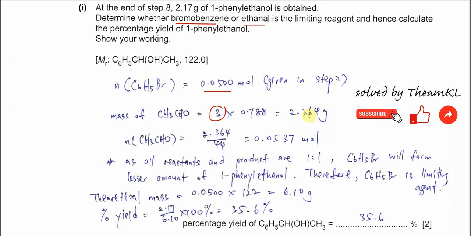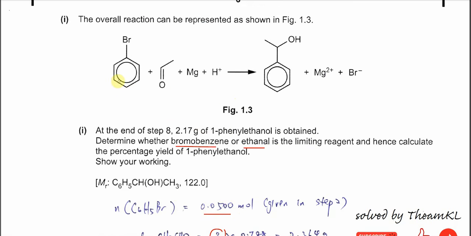Once you get the gram, use this gram over the molar mass of ethanol, so you will get 0.0537. Now let's compare the mole of the ethanol and the bromobenzene. The bromobenzene has fewer moles, which means it will form less product because they are all in a 1:1 mole ratio, isn't it?